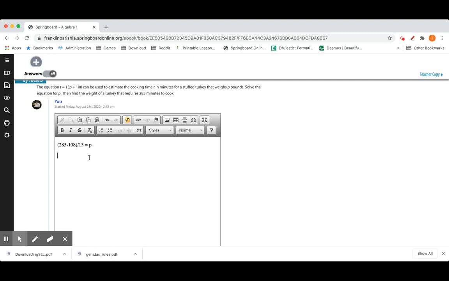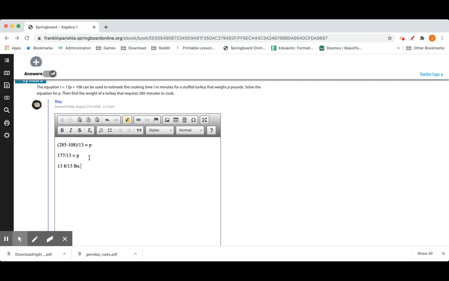Well, let's see what that is. 285 minus 108 is 177 divided by 13. And we can change that to be 13 and 8/13 pounds, lb.